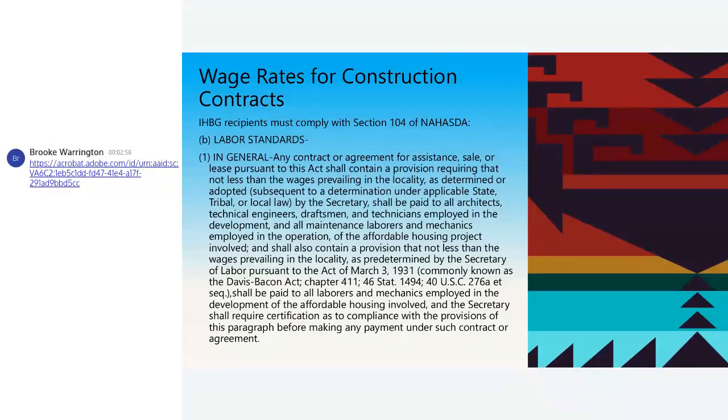It has to contain that provision, then not less than the wages in your prevailing locality predetermined by the Secretary of Labor shall be paid to all of your laborers, your mechanics. It's basically all of your tradespeople.